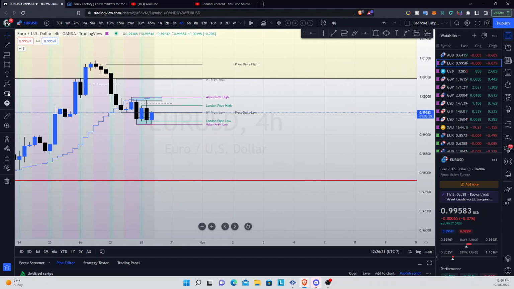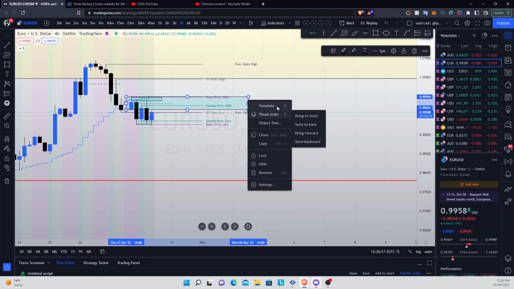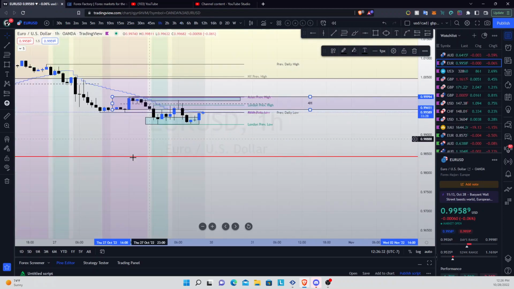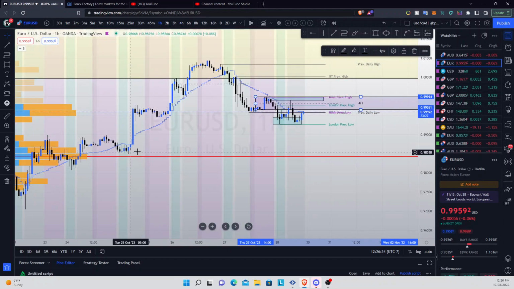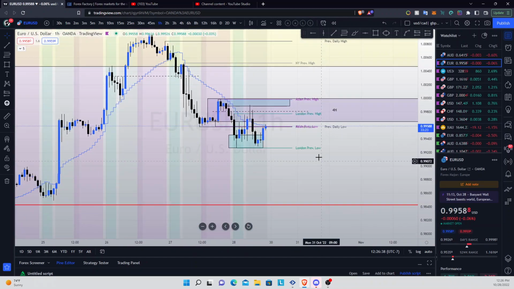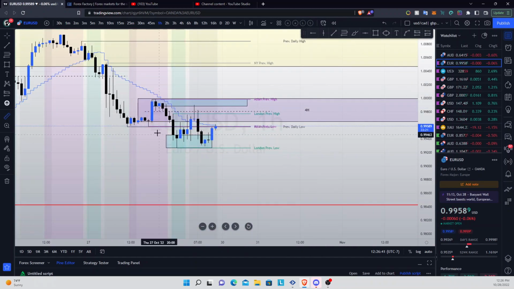So around this time right here, we have a level of supply, a 4-hour level of supply. That's pretty solid. And to the bottom, we don't really have anything till down here, right? So what I'm looking at is a range.